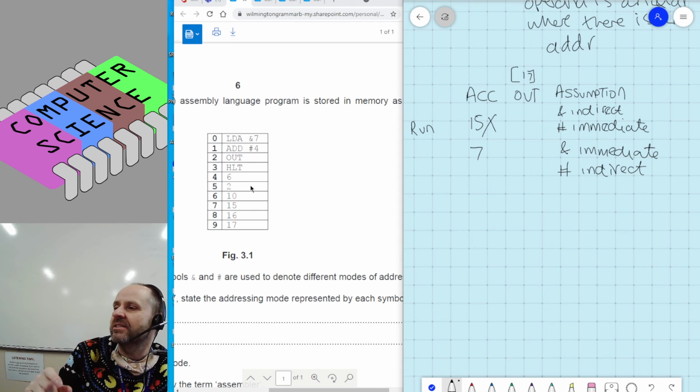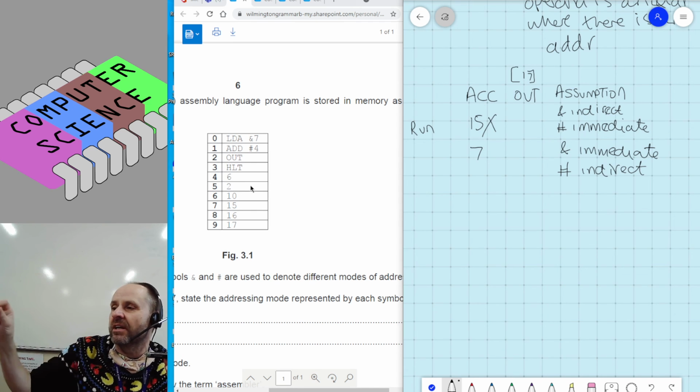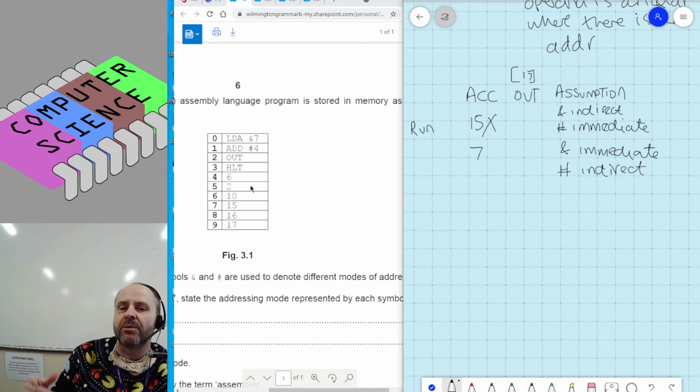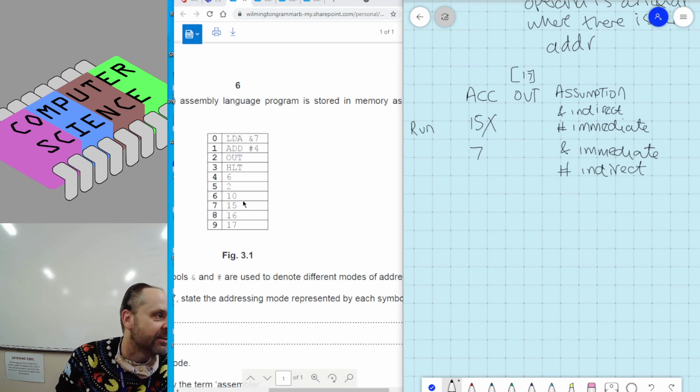I know that that's the address I want, so that immediately goes into the memory address register, and then we do another read. So we're reading from location 6, which has got the data 10. So that arrives at the CPU, and we add it to the accumulator. That gives us the answer. So the answer was, and percent was immediate, hash was indirect.